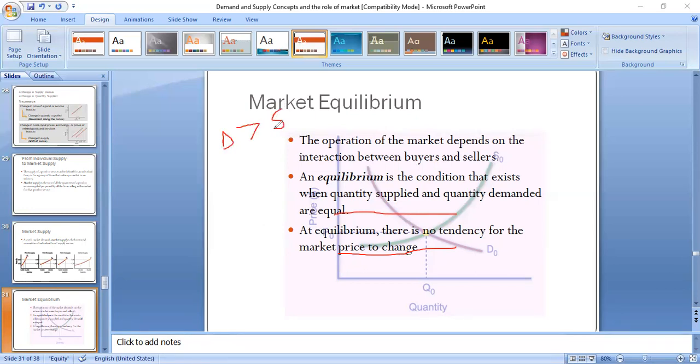And what is a surplus? Surplus means that the supply is greater than the demand. If the demand is greater than the supply, we have a shortage, and if the supply is greater than the demand, we have a surplus, right?